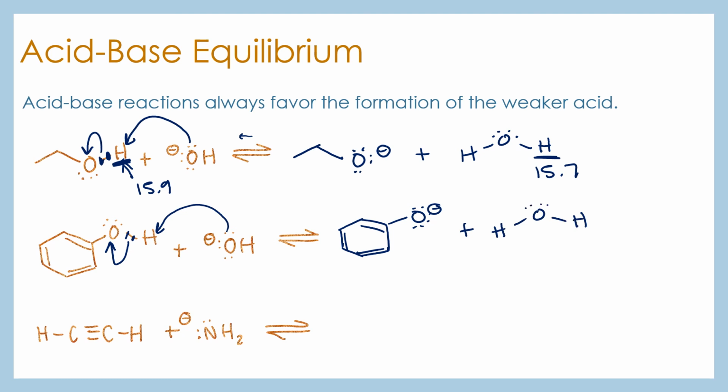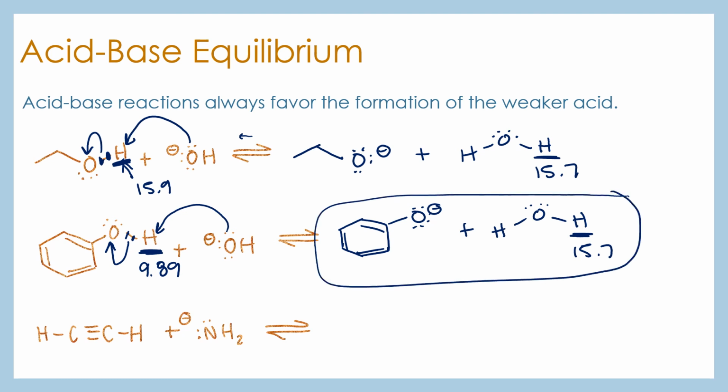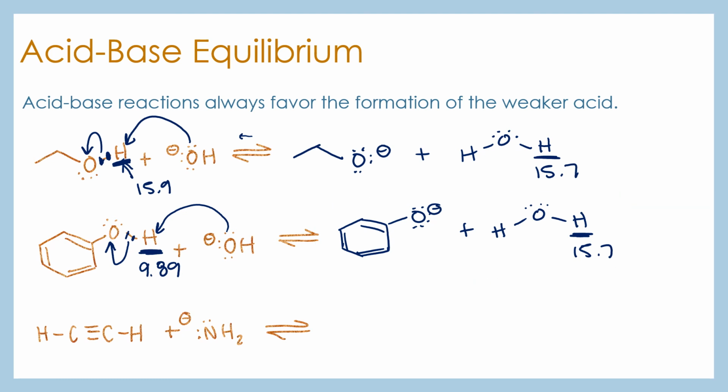Now, we already know the pKa of water. It's 15.7. The pKa of this proton that we pulled off of phenol is around 9.89 or 9.95, somewhere around 9.9. So, which side has the weaker acid? That's going to be the product side. The product side has the weaker acid by a lot. So we're looking at a number that is approximately 10 versus approximately 16.